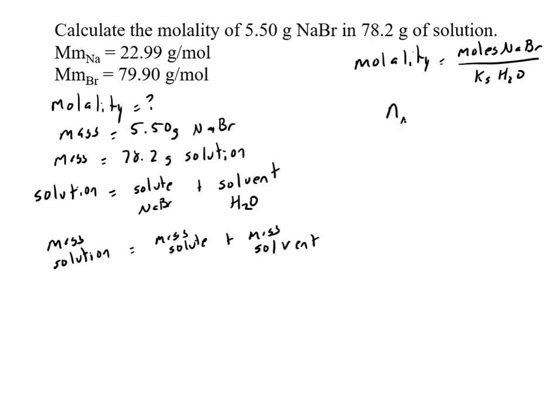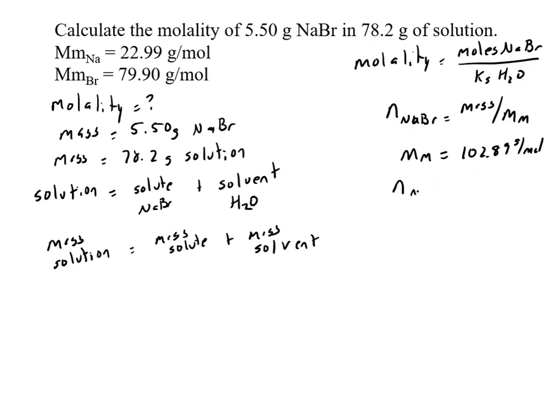And so moles of NaBr is going to be the mass divided by the molar mass. So the molar mass of NaBr, I give you the individual. When you add those two together, you get 102.89 grams per mole.